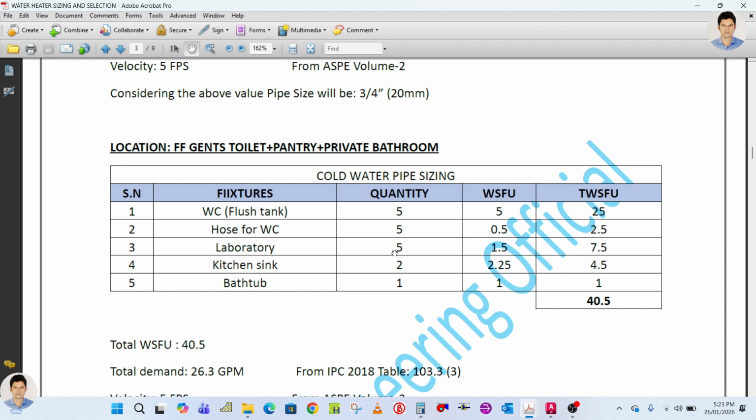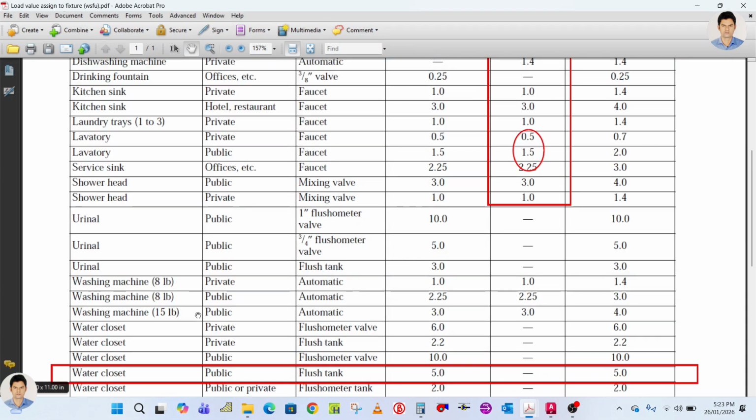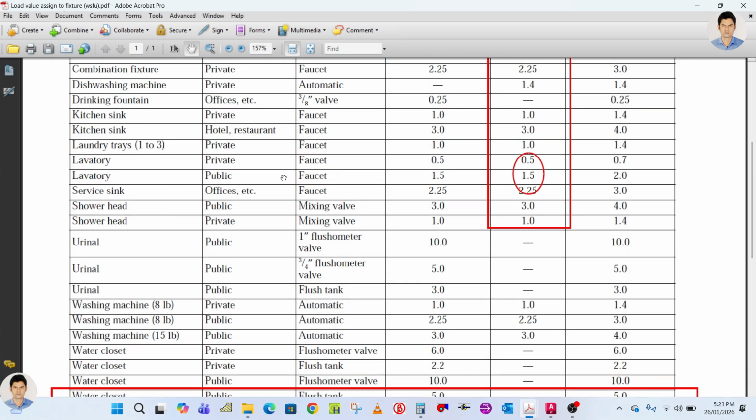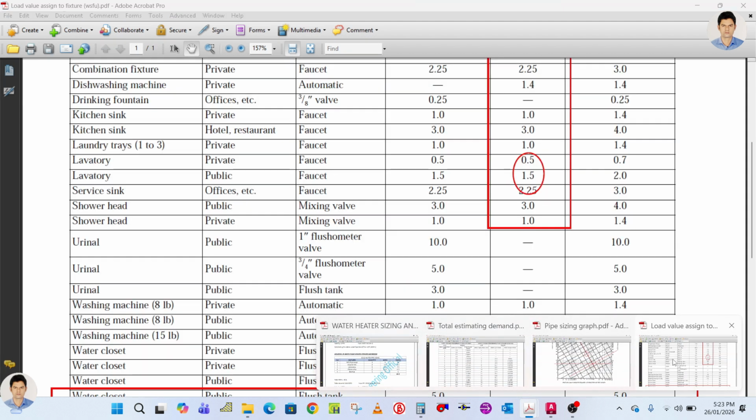Okay, and lavatory quantity is 5, and for lavatory the fixture unit is 1.5, taken from the same table. You can see here lavatory, public, faucet 1.5. Kitchen sink is 2.25 and bathtub is 1. Let me show you the bathtub also here.